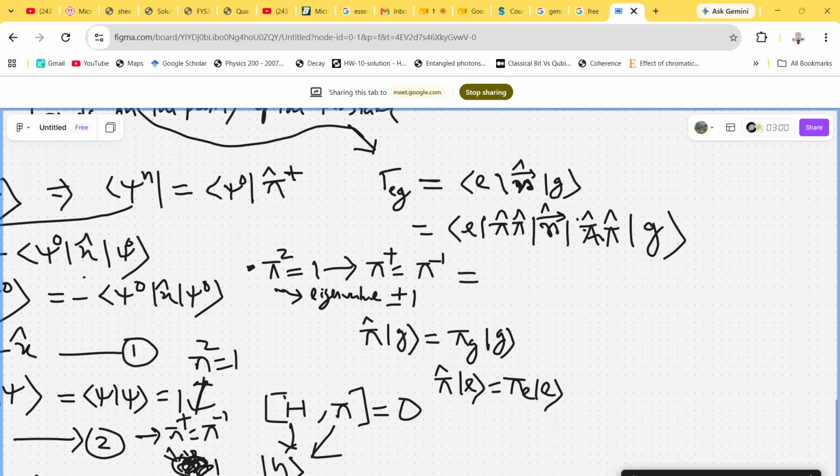So I just write it as pi g and pi e. If I write it like this, what will happen? As it is real valued, plus minus 1.